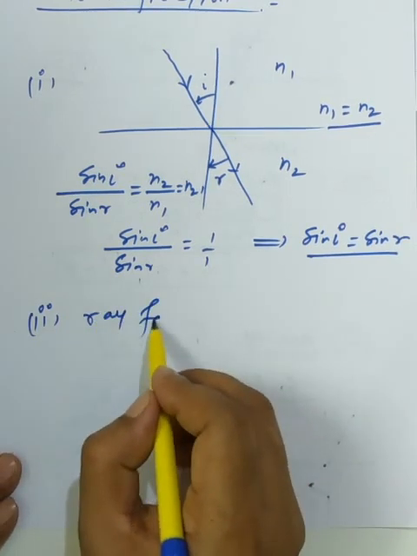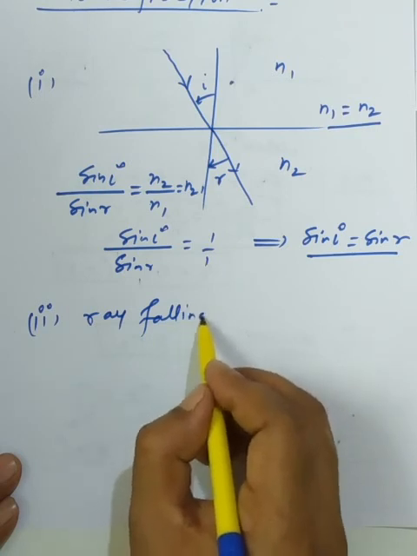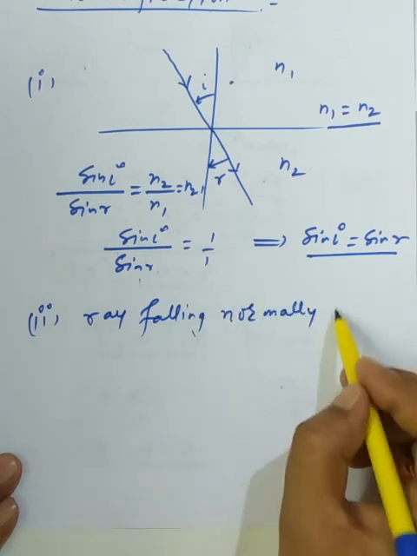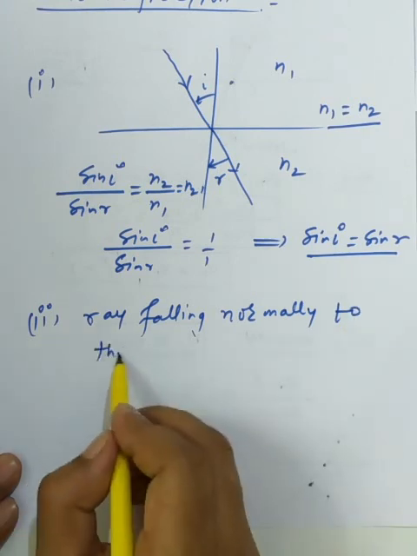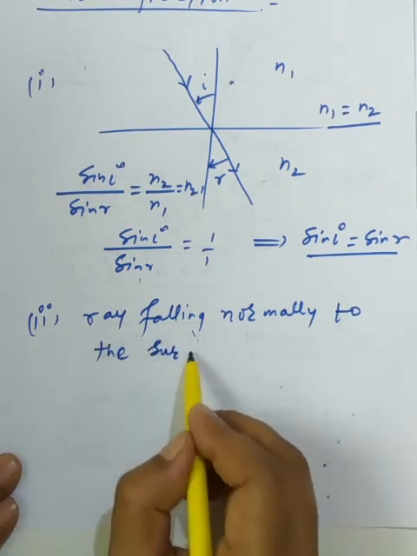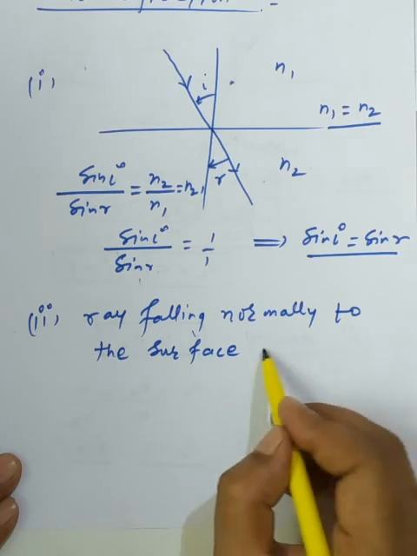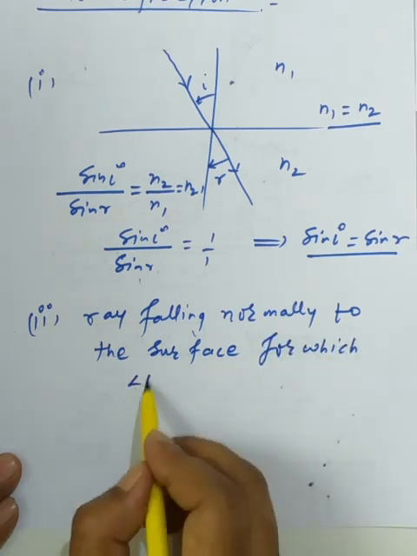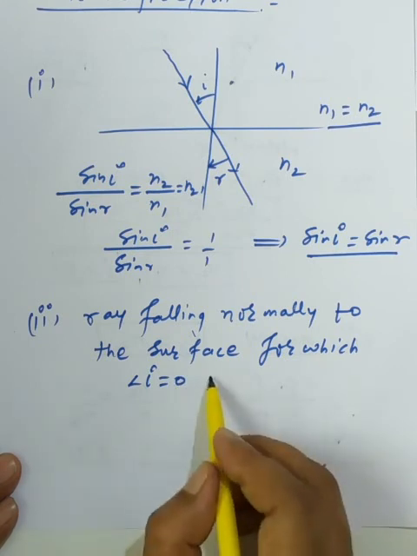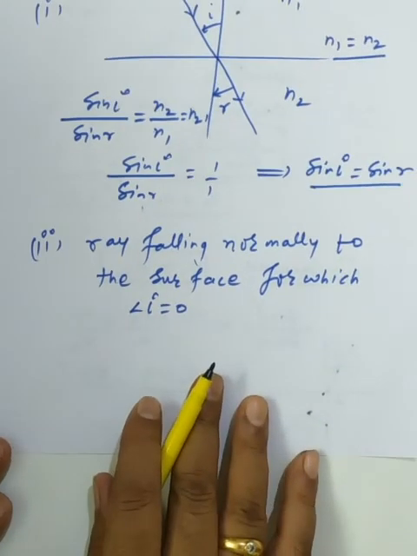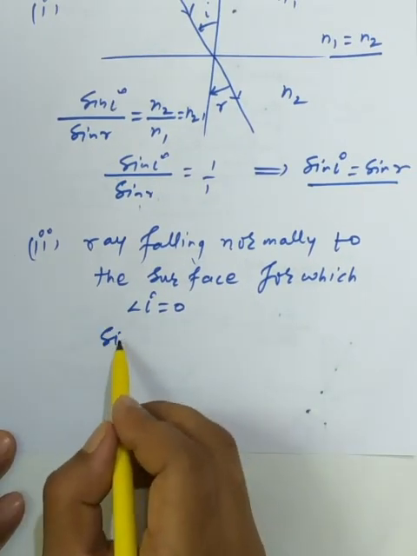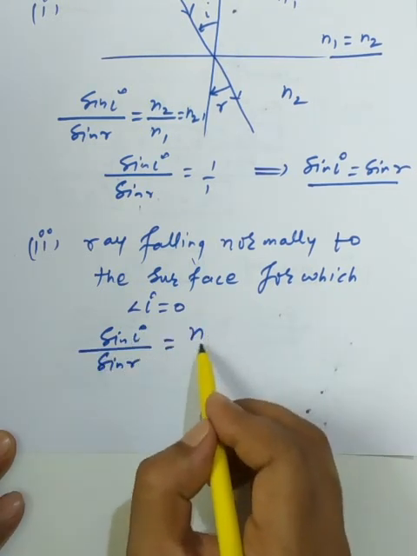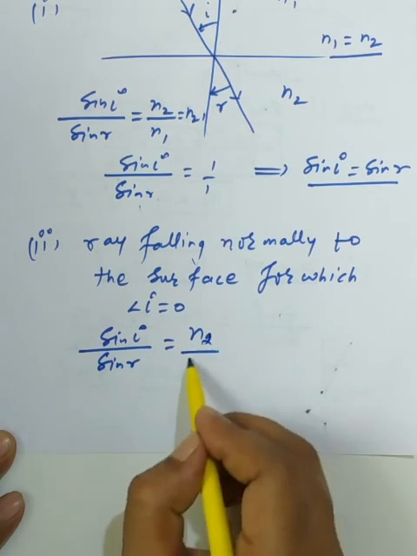A ray falling normally to the surface, for which angle i is equal to 0 from the normal. Putting this condition, sin i upon sin r is equal to the relative refractive index, n2 upon n1.